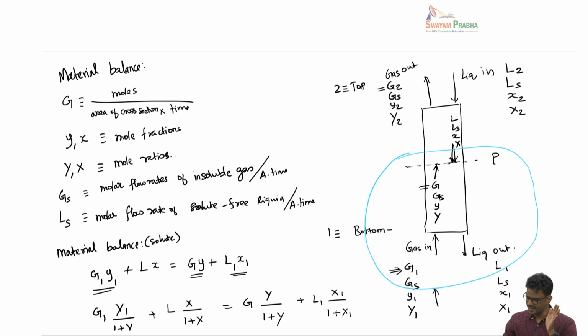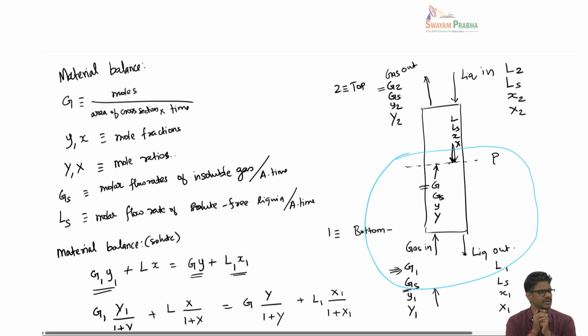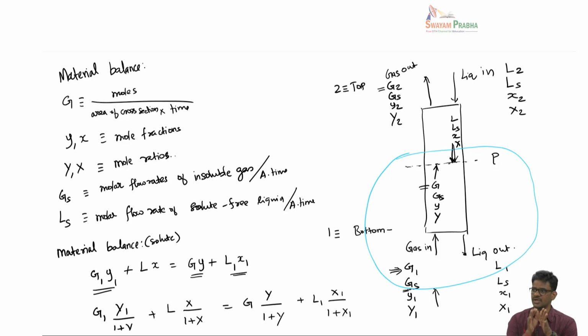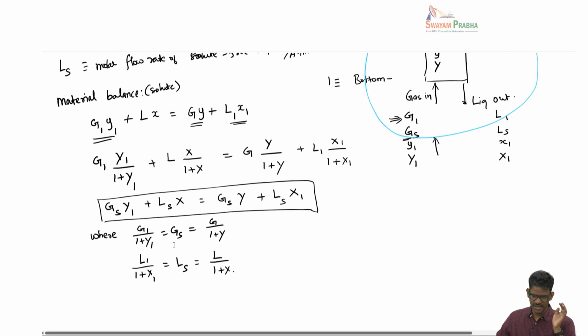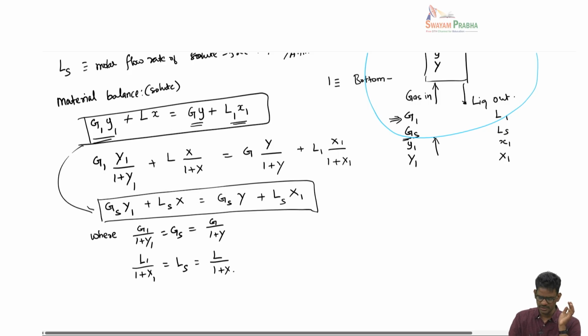So that is why we define this insoluble gas flow rate Gs, so that we can put all the bases with respect to the constant molar flow rate. Similarly for the liquid also. Here we are assuming the liquid is not evaporating into the gas phase, so the liquid flow rate will be constant. That is why we change the total molar flow rate based mass balance into a solute free molar flow rate basis.